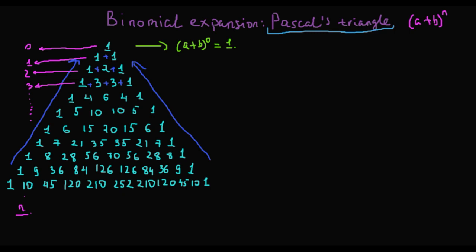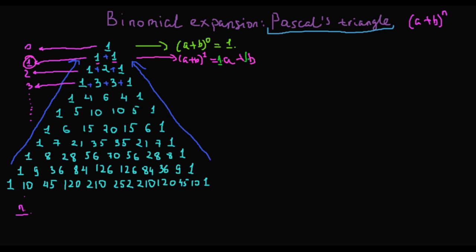The next one is (a plus b) to the power of 1, because we have the first row, and that is just a plus b. So what about the 1 and 1 here? They are just the coefficients of a and b: 1 times a plus 1 times b.